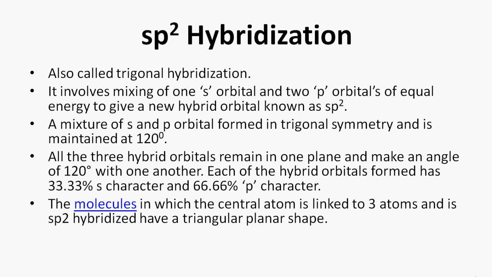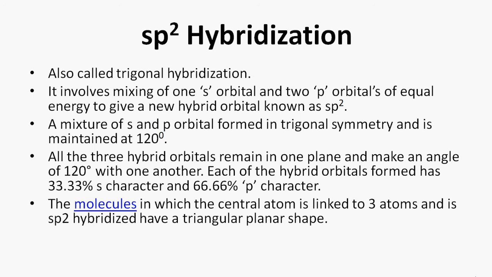A mixture of s and p orbitals formed in trigonal symmetry is maintained at 120 degrees. So the bond angle in sp2 hybridization is 120 degrees. All three hybrid orbitals remain in one plane and make an angle of 120 degrees, so you can say that it has planar geometry.